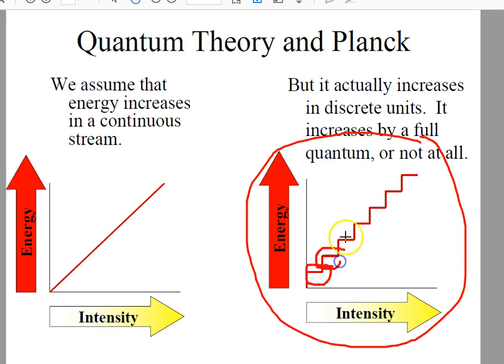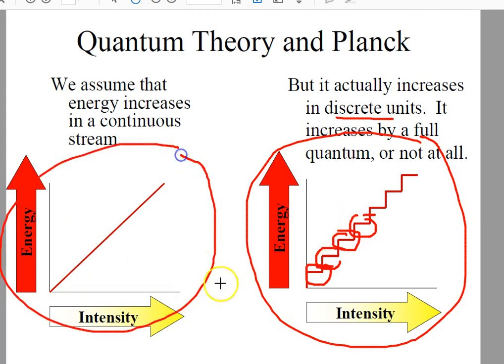Or you could have two packets, three packets, four packets. But you couldn't have an in-between packet. So this is a quanta, or a quantum. You have to go up in discrete units, which just means specific units. You can't go up in between like we think of energy, as you see here. So he's saying you have to go up a full quantum or not at all.